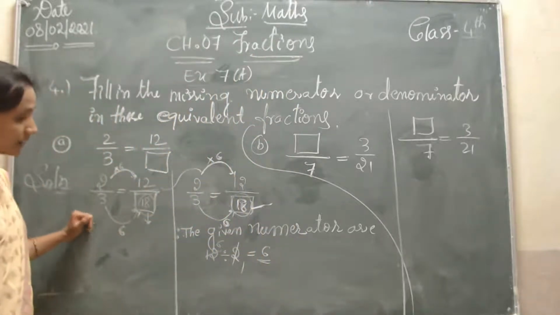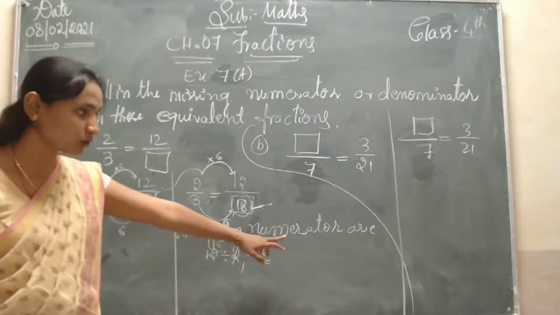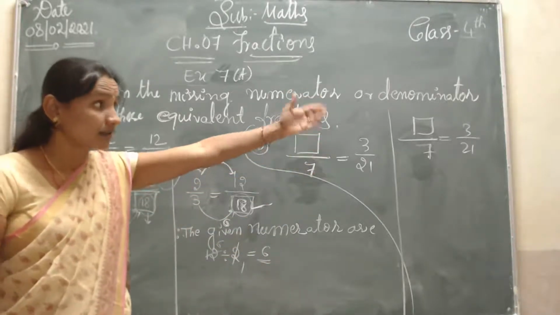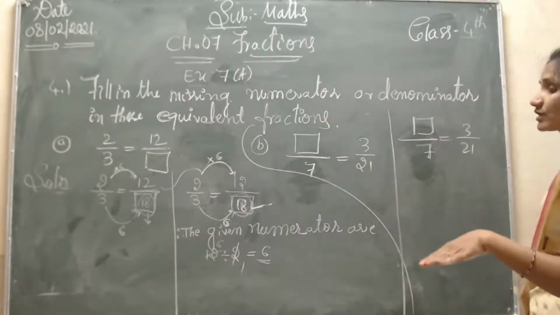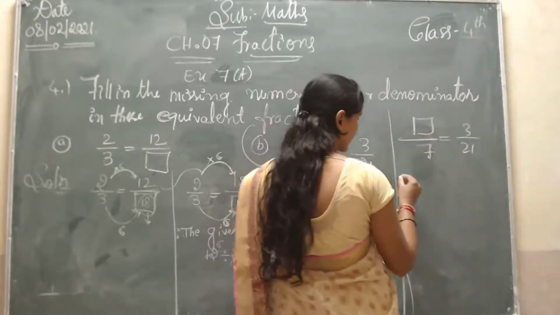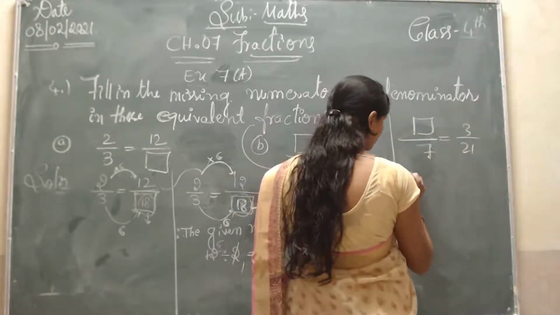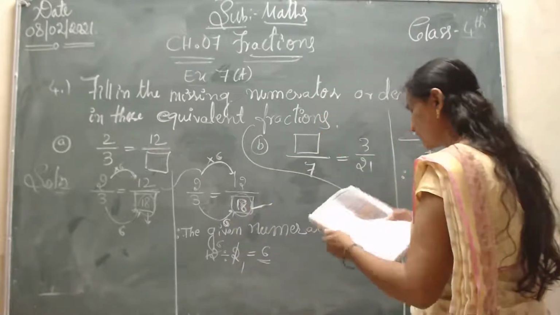In question A you divided the numerator numbers, but now you take the denominator numbers and do the division. The denominator is given as 7 and 21.